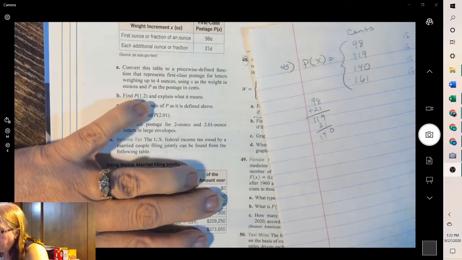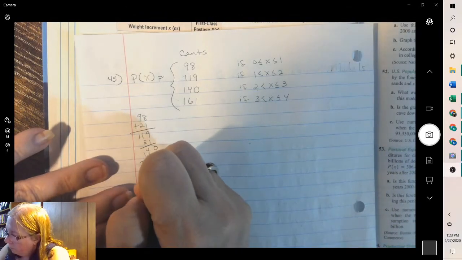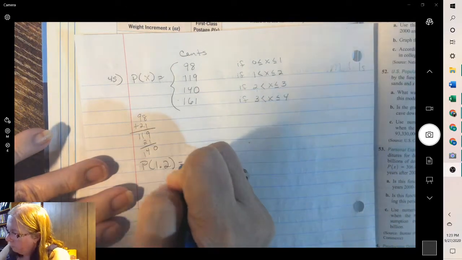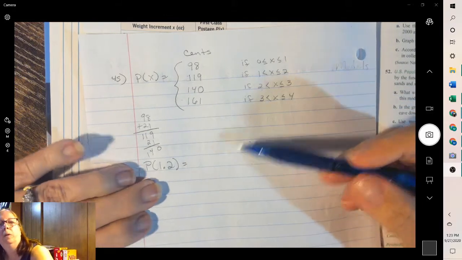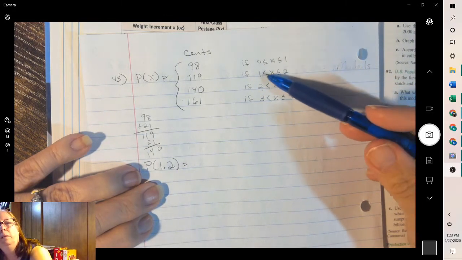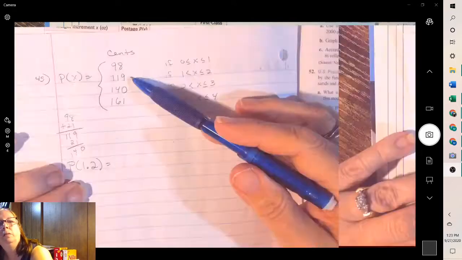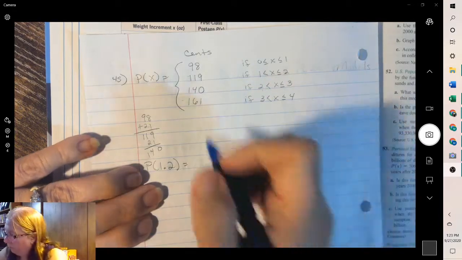Find P of 1.2 and explain what that means. 1.2 falls in the second one because 1.2 is between 1 and 2. So it would be 119.